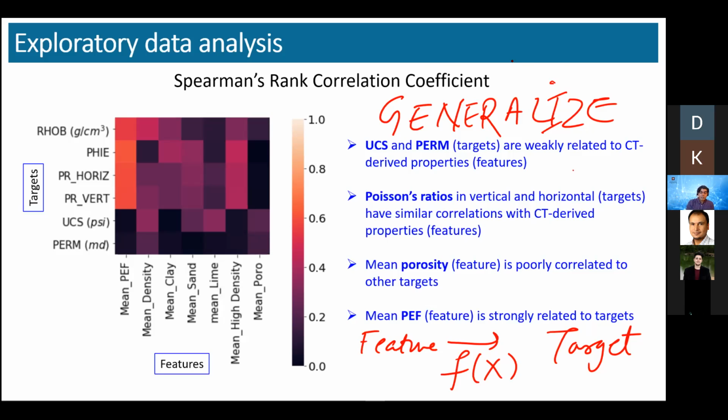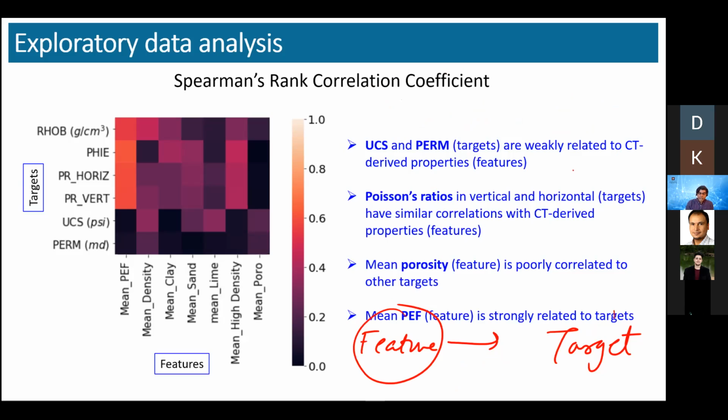For generalization, when you are training your model, your features and your target should have all the different statistical distributions, all the different statistical relationships in them, which can occur in the future.